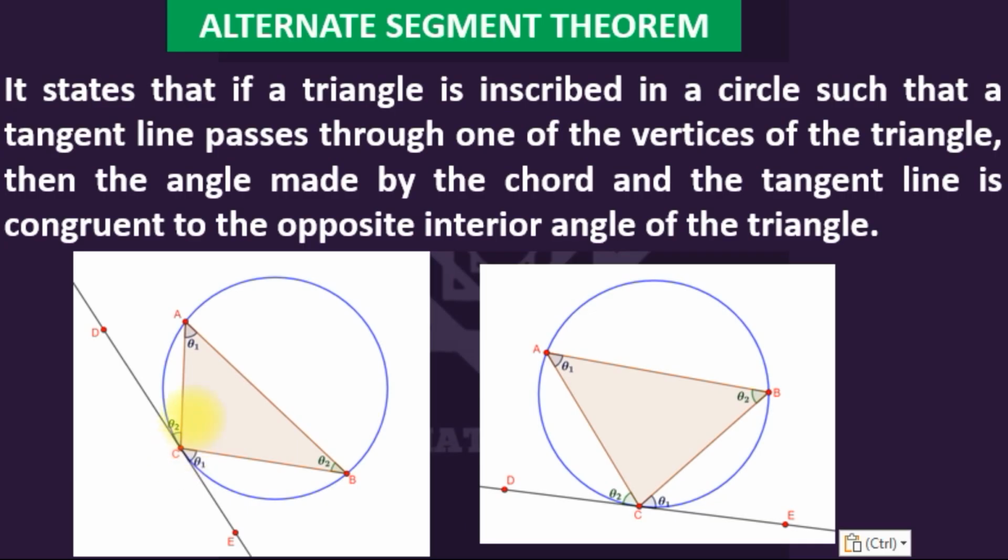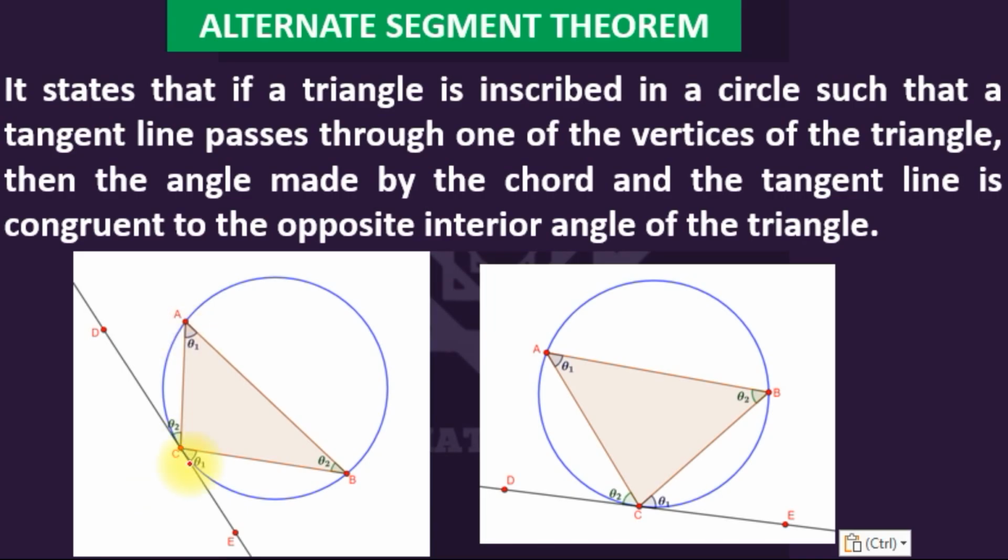If you have anything like that, then this angle, theta 1, is equal to this theta 1. We can still call it the chord-tangent theorem, yes, because we have two chords, CA and CB, with common endpoints. So this angle theta 1 is equal to this angle.